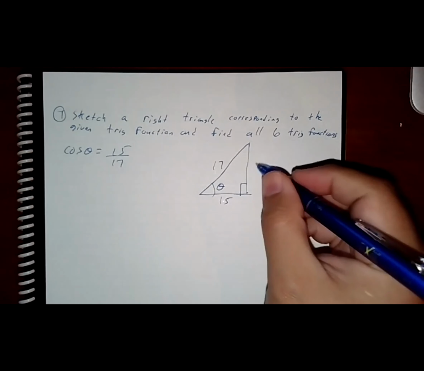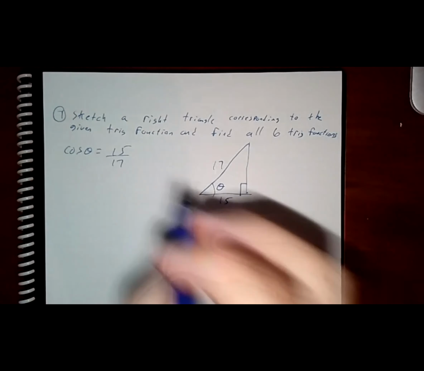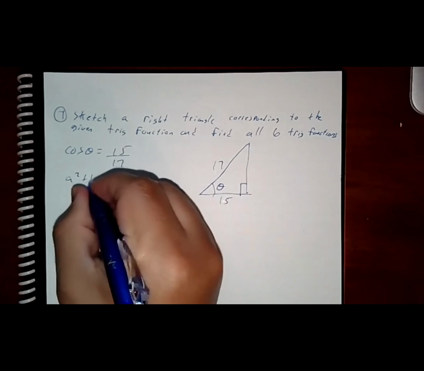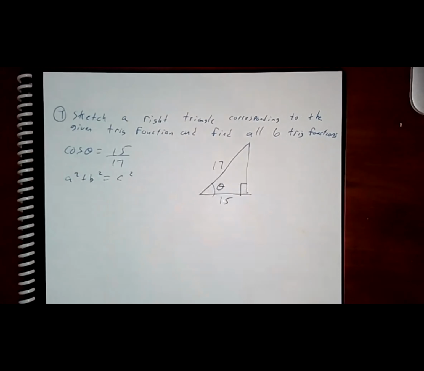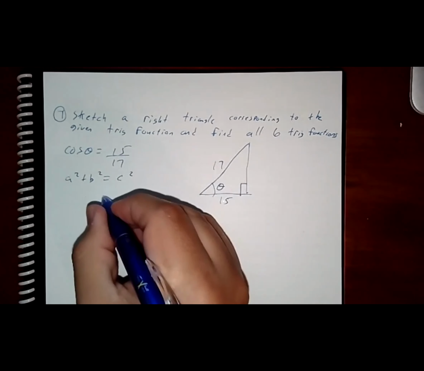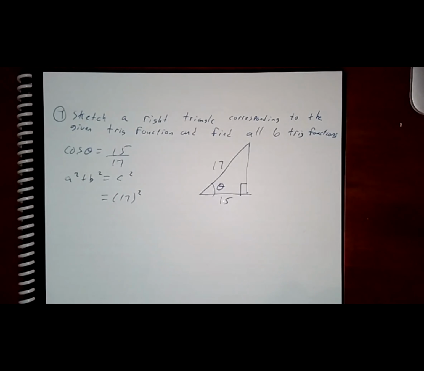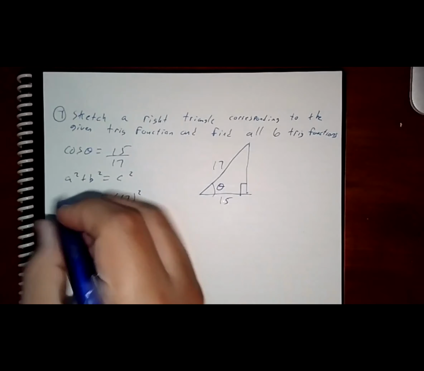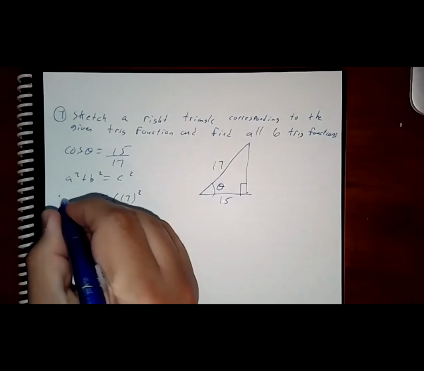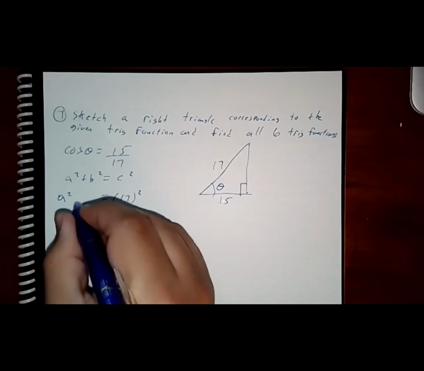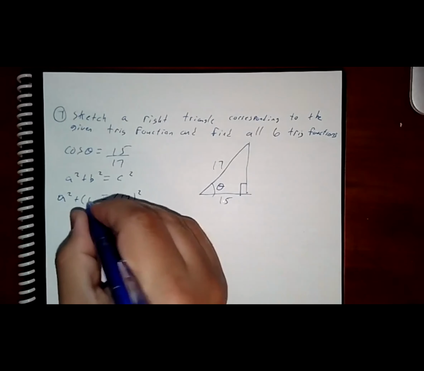So we need the missing side, right? We know that our formula, a squared plus b squared is equal to c squared. We have c. We can say that that is our b, I guess. So we need a, we have b.